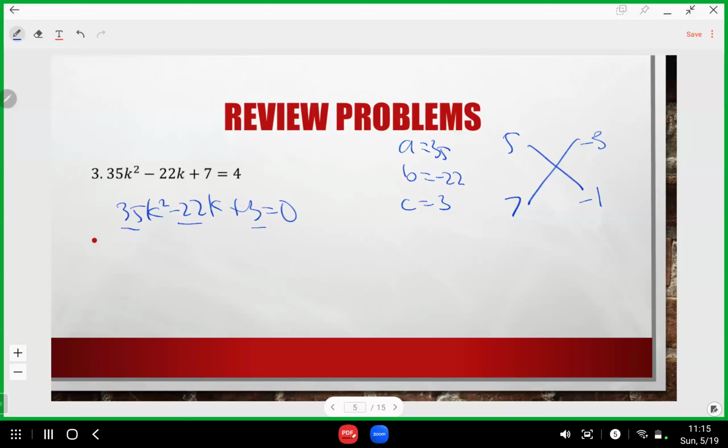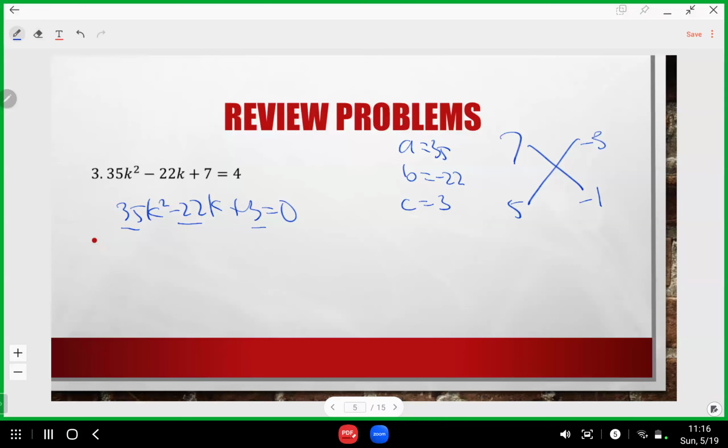So if you take 7 times negative 3, we have negative 21, and then 5 times negative 1, we have negative 26? That doesn't work. So if we actually just switch these, it works now. 5 times negative 3 is negative 15, 7 times negative 1 is negative 7.